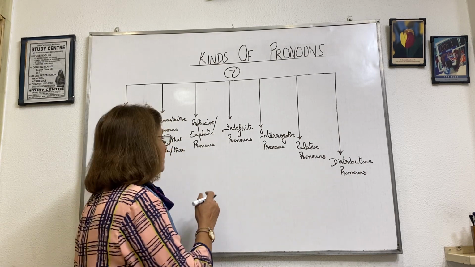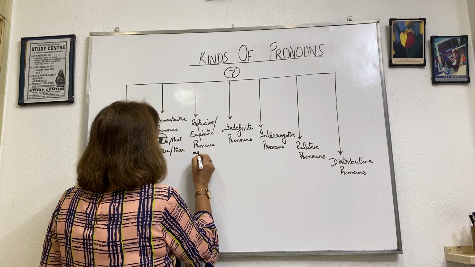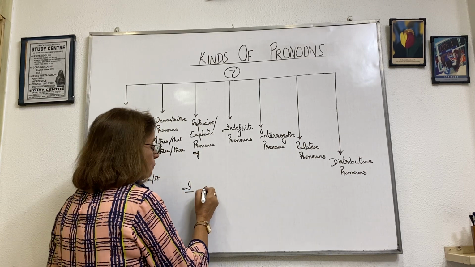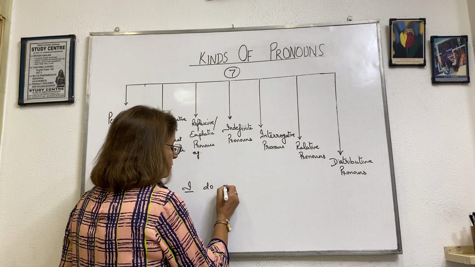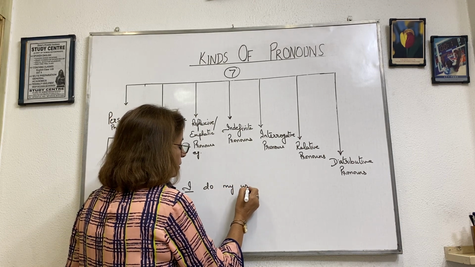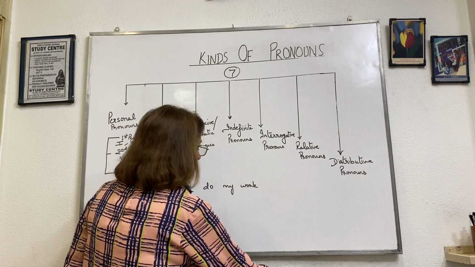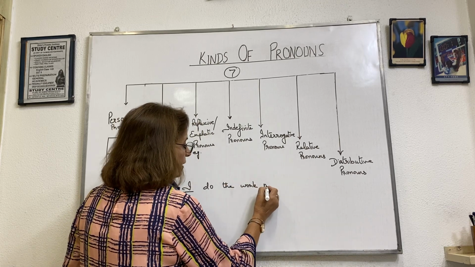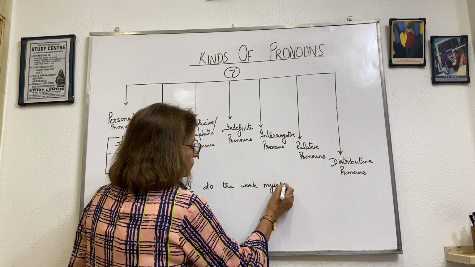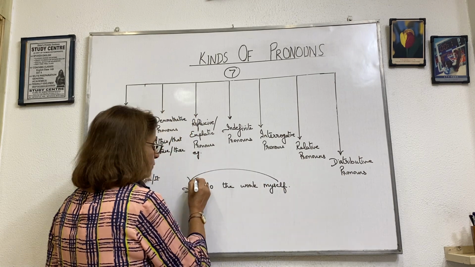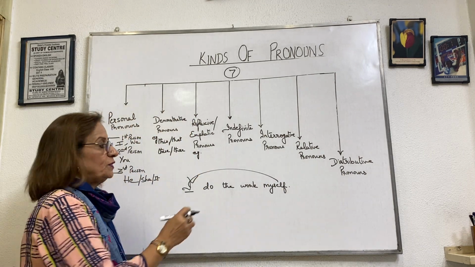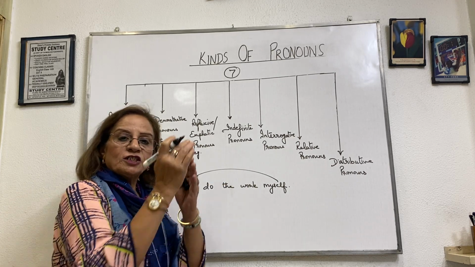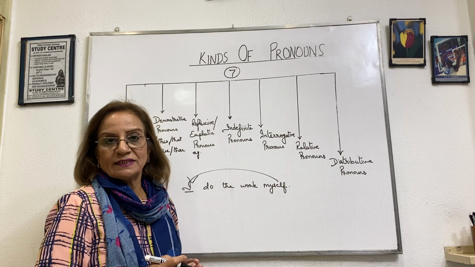For example, I is the subject, I do my work, or instead of saying my work, I say, I do the work myself. So, myself is reverting to the subject I. These are the emphatic or reflexive pronouns. They revert back to the subject itself.